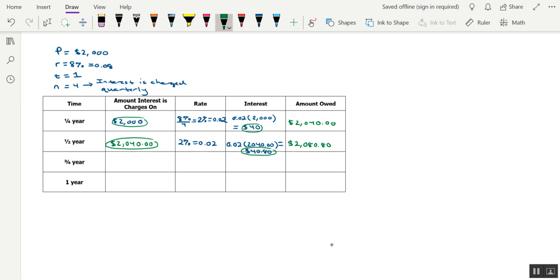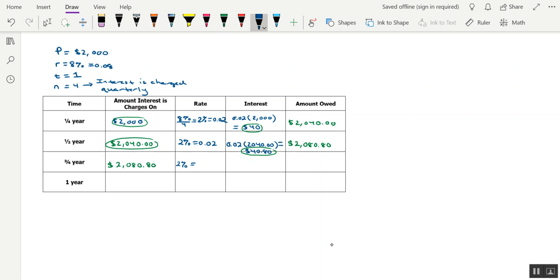And this scheme continues on until the year has been completed. So after another quarter year, or 3 quarters into the year, interest is charged again, and it's going to be charged on the most recent amount we owe, or the amount after half a year, and that's $2,080.80.